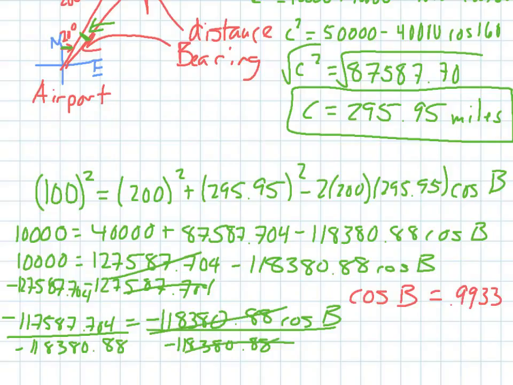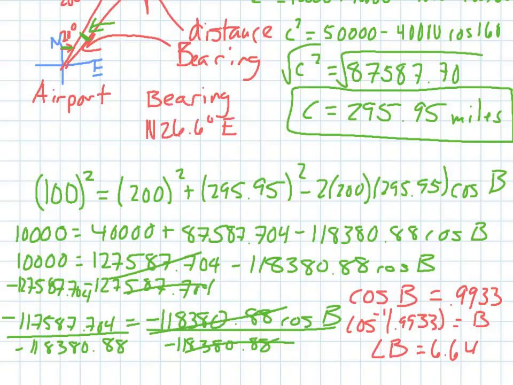Then doing the inverse cosine gives us an angle of 6.64. Okay, and then from there, because you're going from north to this point, that's just that little crevice. So we need to add that 20 to it. So then we get a bearing of north 26.6 degrees east. Okay? Have fun.